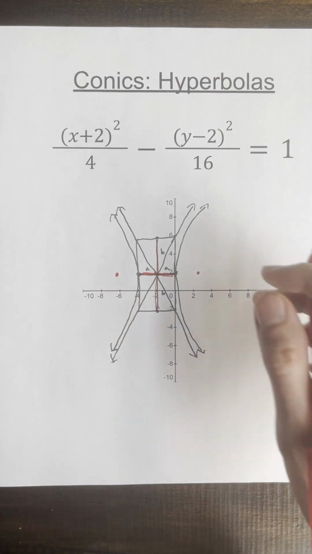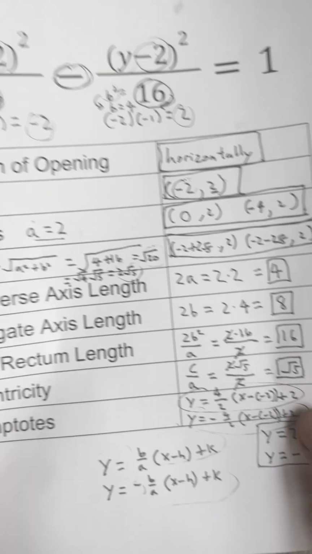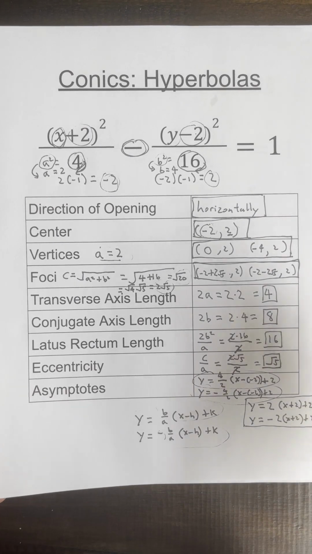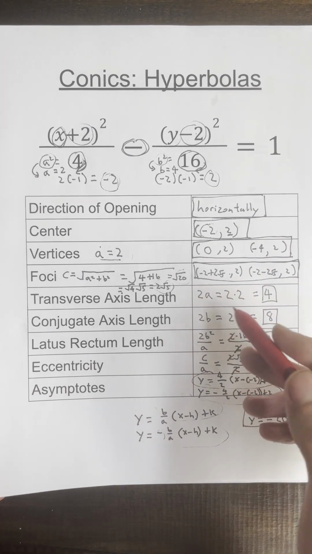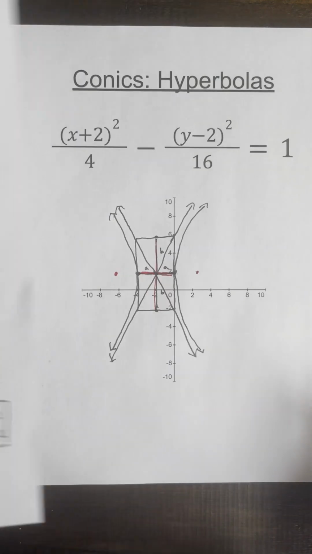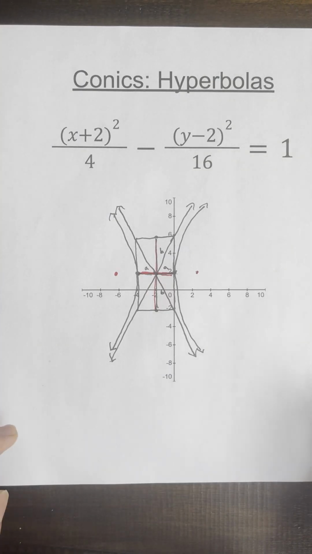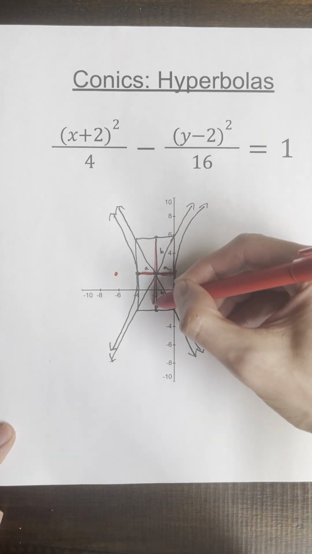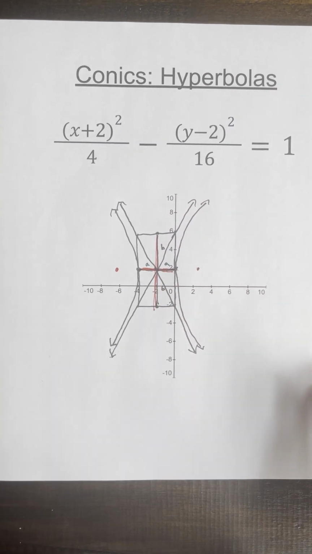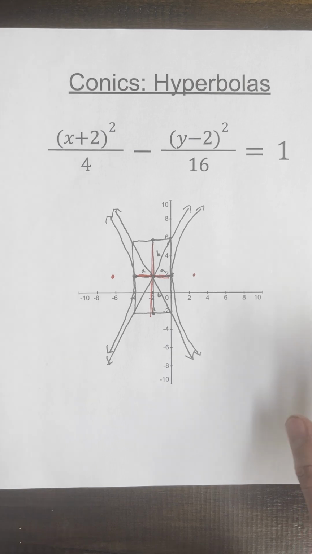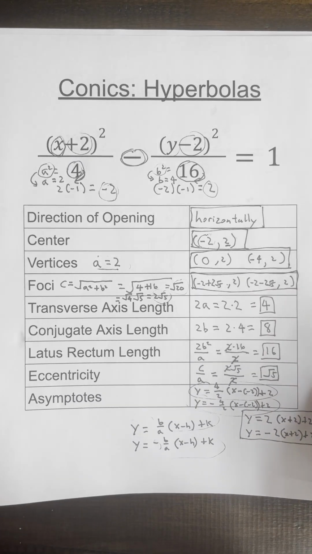So that is why the transverse axis length is 2A. How about the conjugate axis? How long is that? 2B. Yeah, so that's why the conjugate axis length is 2B.